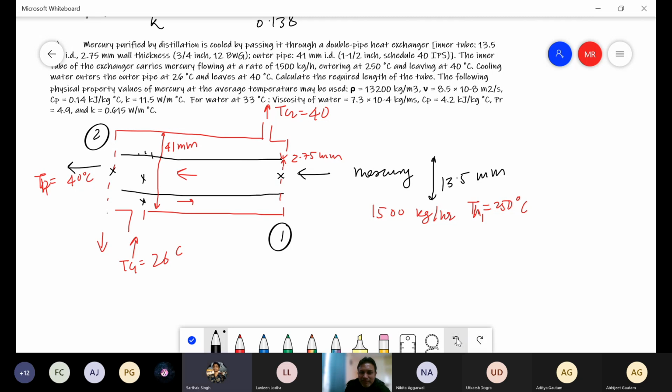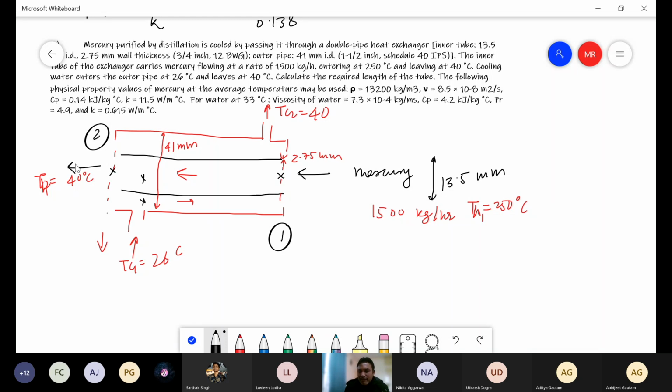So what I'm trying to say is there are three heat transfers you can calculate in three ways. One is how much sensible heat is lost by the hot fluid as you are moving along this direction, right to left.